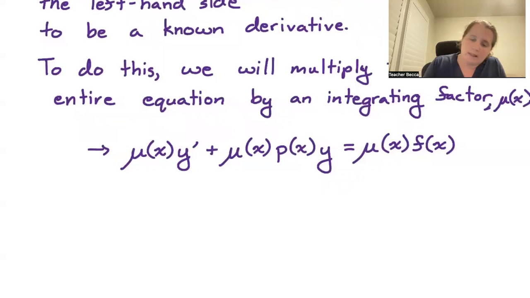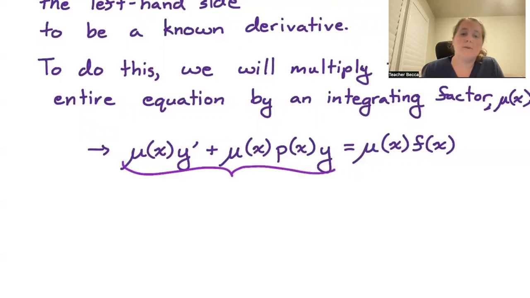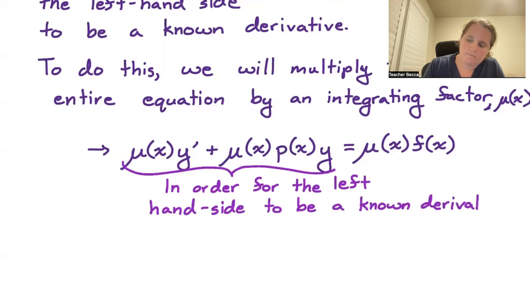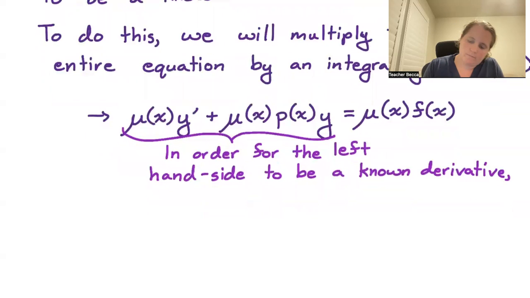In order for this left-hand side to be a known derivative, we're going to force the product rule.